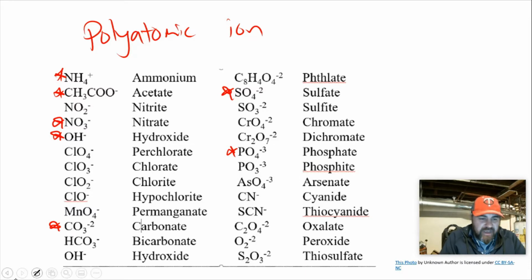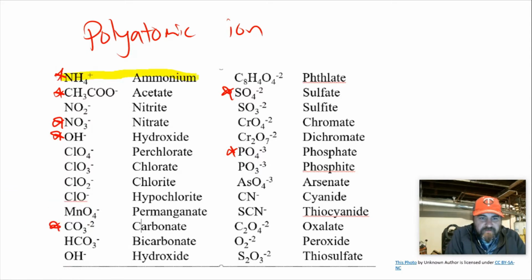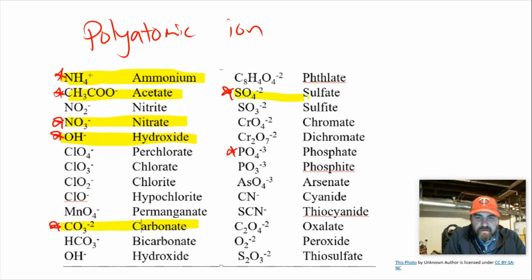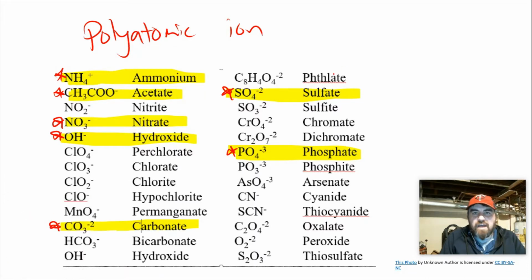Okay, so let me highlight them. Let's highlight these. This one, this one, this one, this one, this one, this one, and this one. Everything else, they exist, but you're not going to see them very often. So how do we use these?